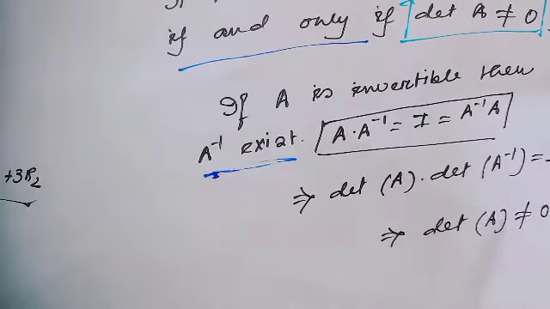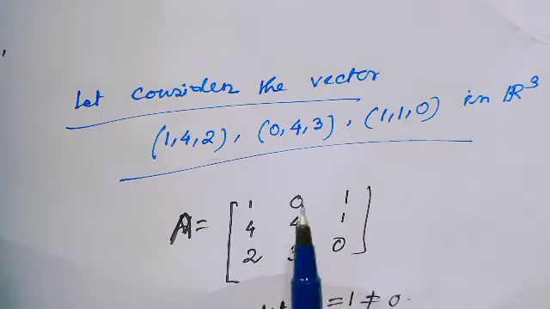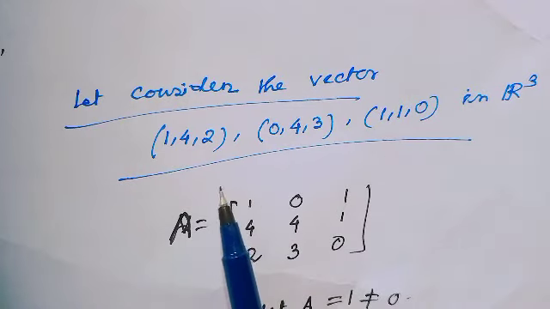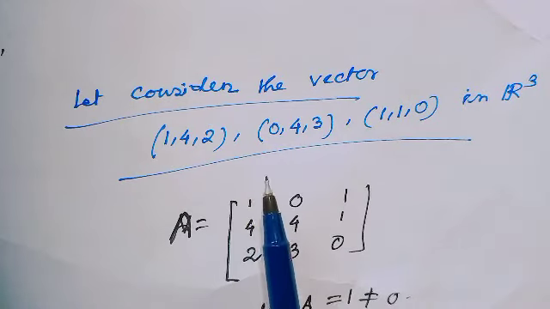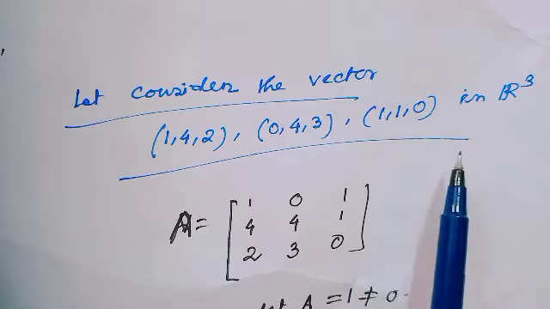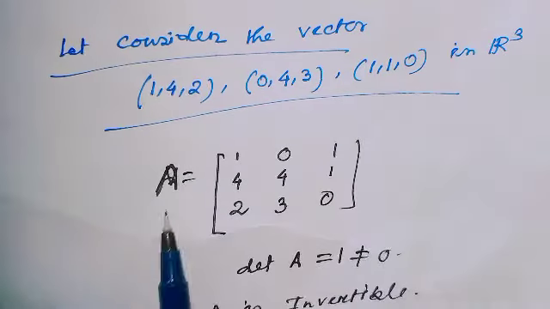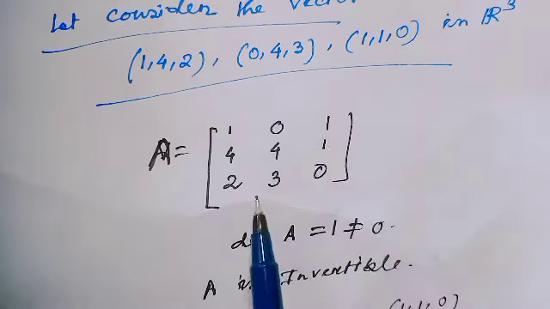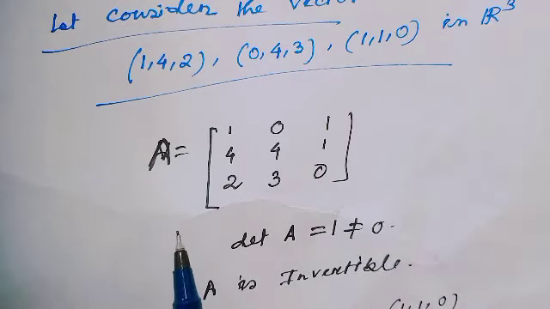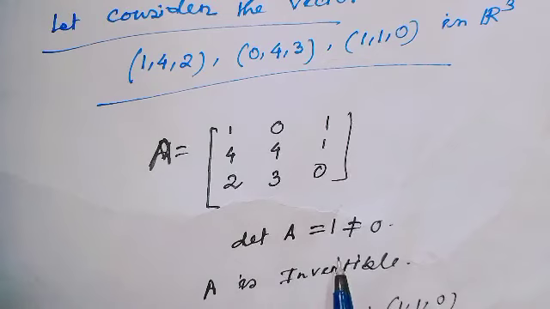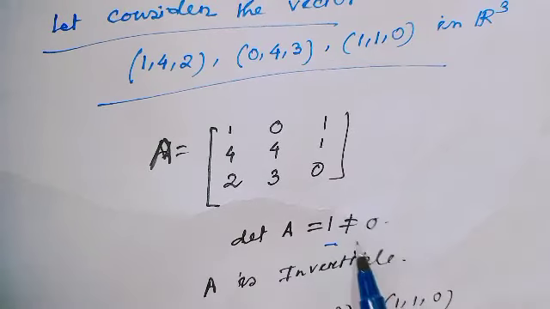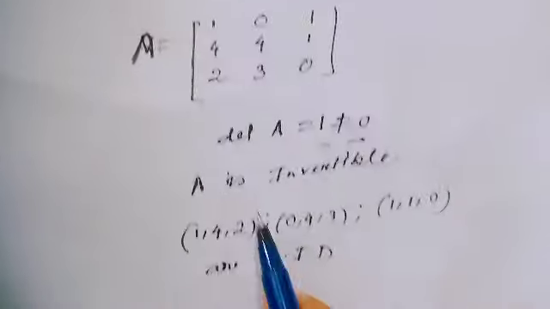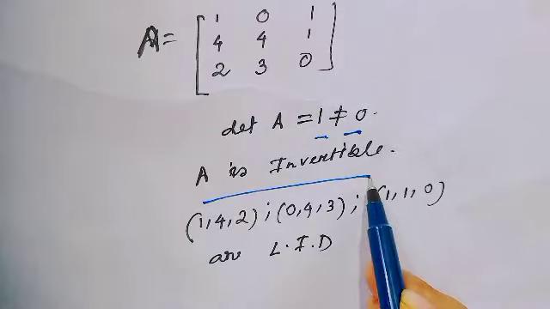Are you getting? Well. Now, as an example, consider the vectors 1, 4, 2, 0, 4, 3, 1, 1, 0, which generate the matrix A. If you calculate the determinant of this matrix, then determinant of A would be 1, which is not equal to 0. That means obviously A is invertible.